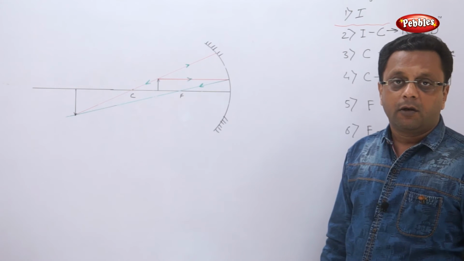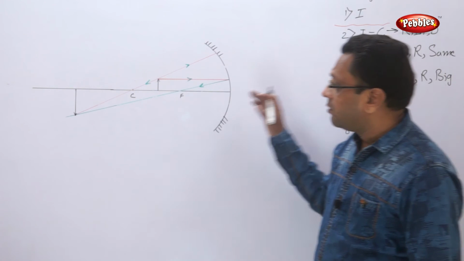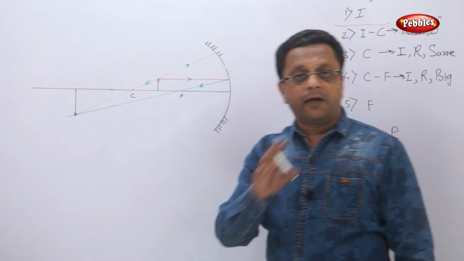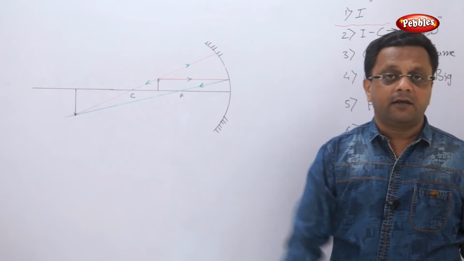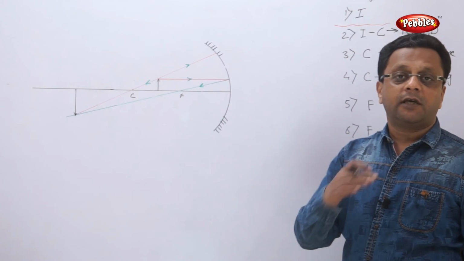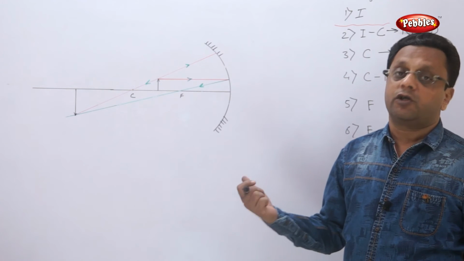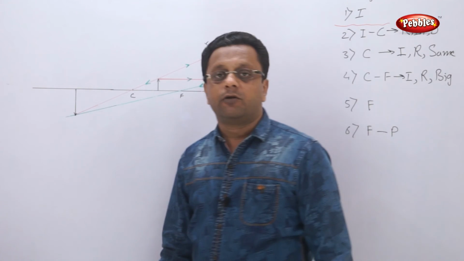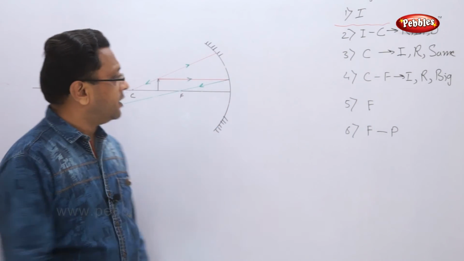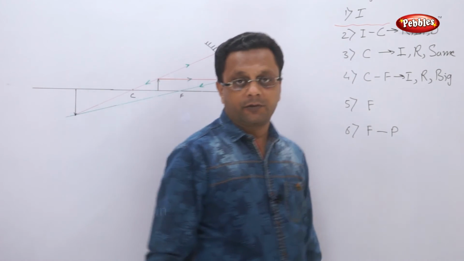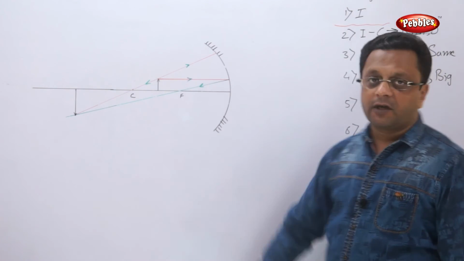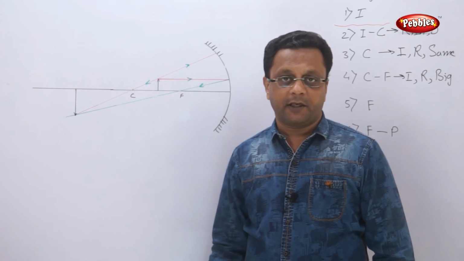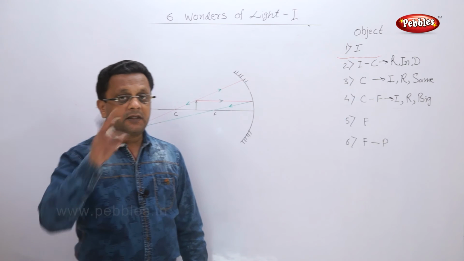Whatever is given, I just went on drawing the figure and I got the image exactly in the same place as your chart shows. So you need not learn the chart by heart. Whenever you are asked, just draw the figure and find it out, because one of the figures is sure to come in your exam. Now I have taken between C and F.